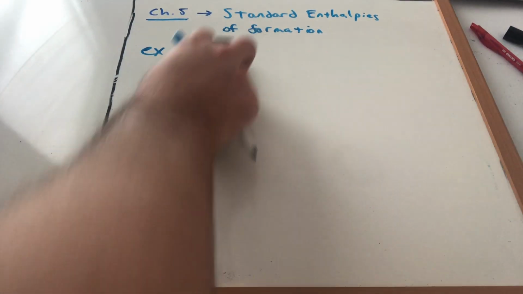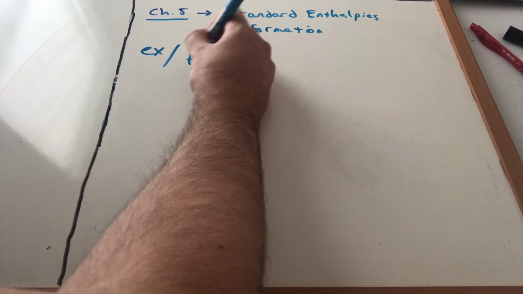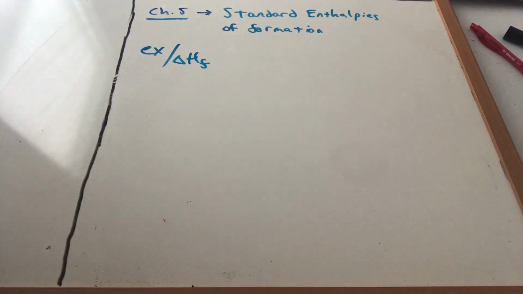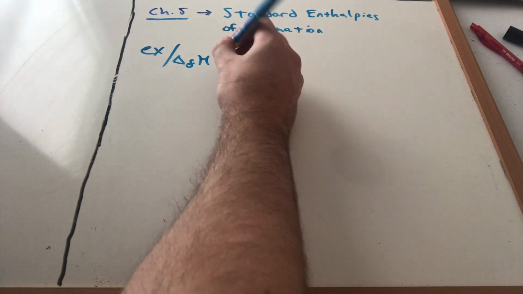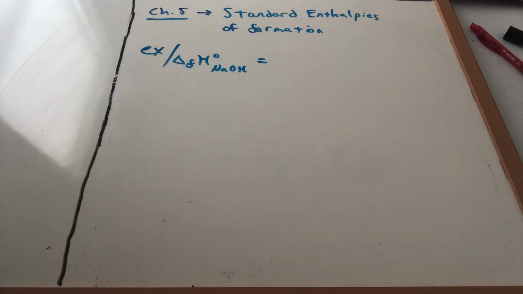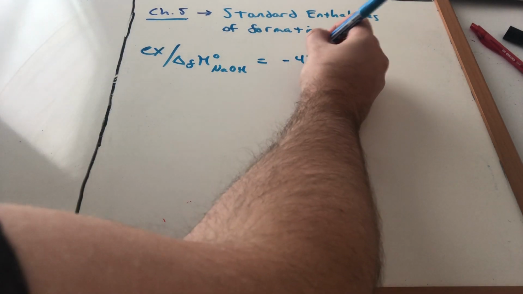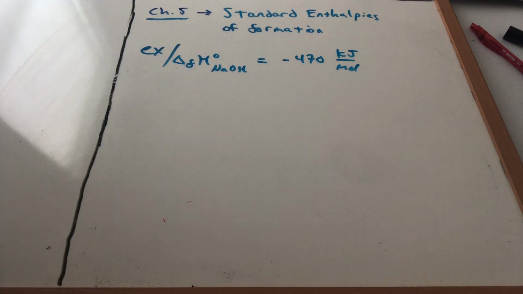I'm going to incorporate this into your next example. But let's look at delta formation H naught for sodium hydroxide. If we look that up, what we get is minus 470 kilojoules per mole.